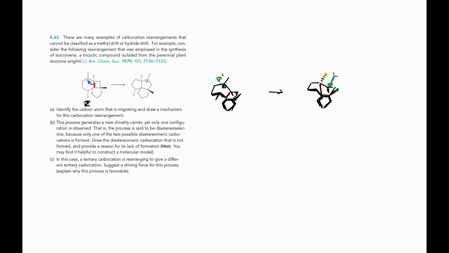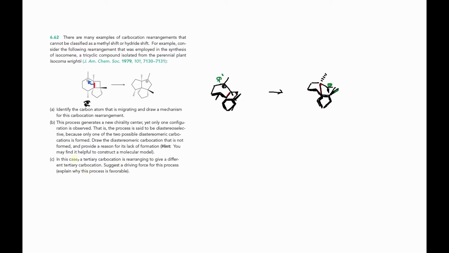If this is the wedge, again, not the dash, you can possibly get steric hindrance. So that's why we have this specific dashed line instead of wedge, and we don't see the wedge structure for part B.